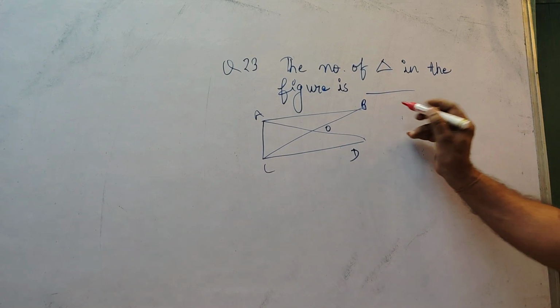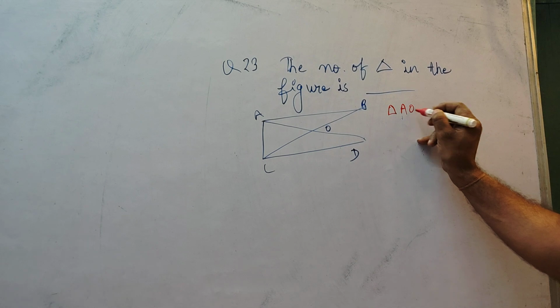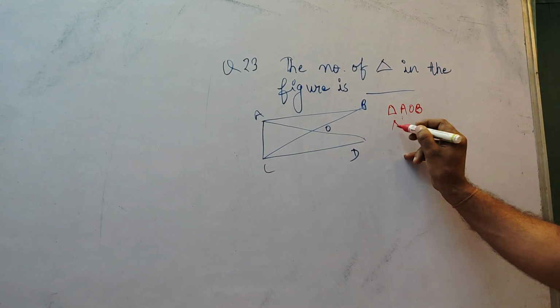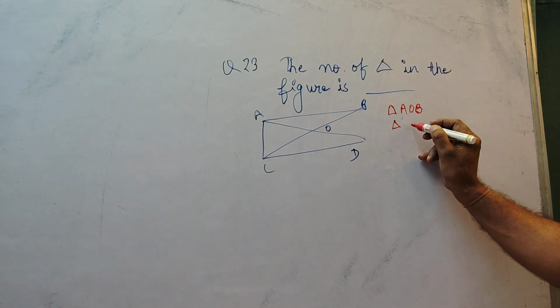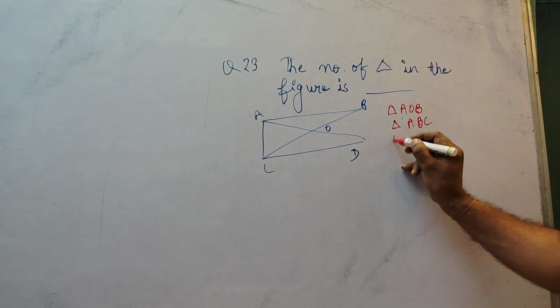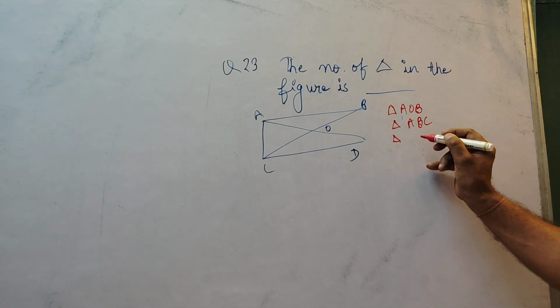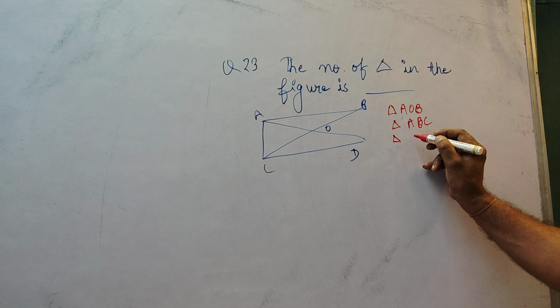So first one is triangle AOB. Then ABC. Then we start with B. BCD.